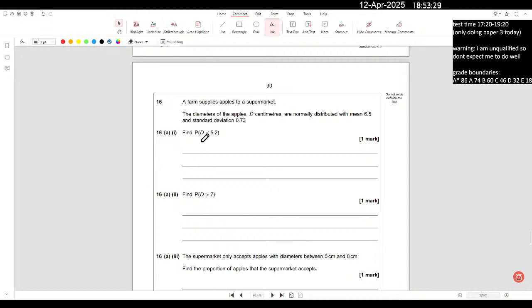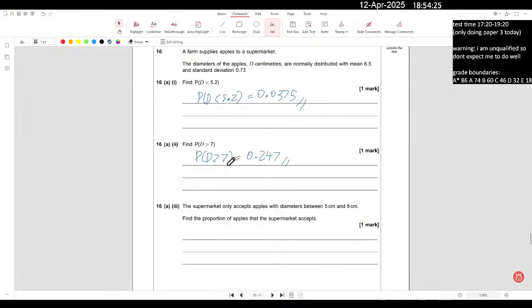Well, I got 0.0375. Then for D more than 7, I got 0.247.